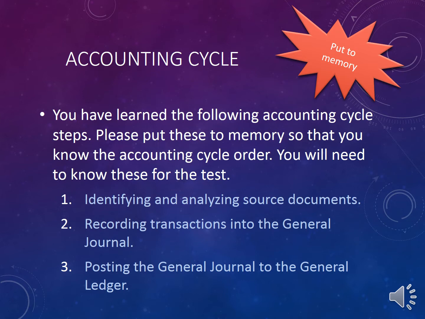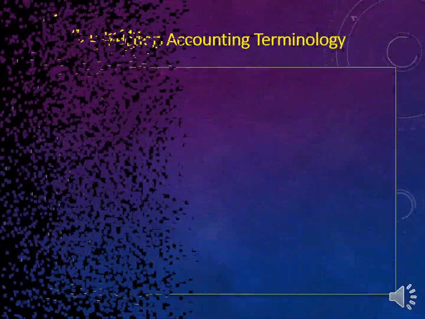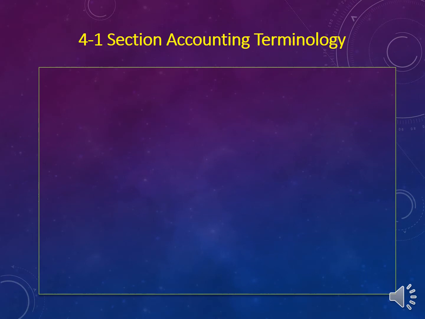Please make sure you put these to memory, since you will need to know these 3 steps for the test. So, in Chapter 4, we are going to learn how to post from the general journal to the general ledger in order to determine our account balances for each account.